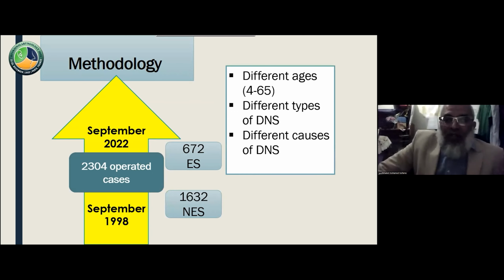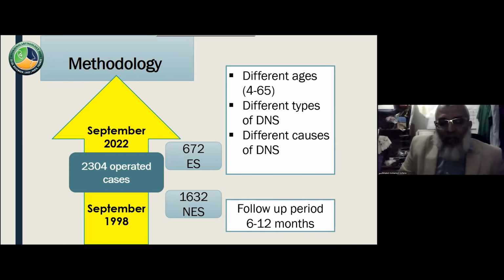The patients included in this study were of a wide spectrum of age groups, and they presented with different types of deviation, namely anterior caudal dislocation, C-shaped deviation, S-shaped deviated nasal septum, as well as nasal spur, with different predisposing factors, mainly post-traumatic deviation as well as developmental deviation, and they were followed up for a period from 6 to 12 months.